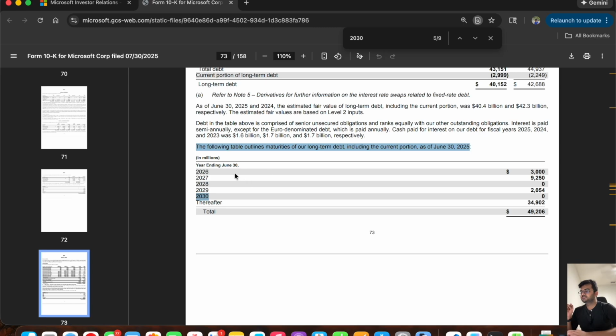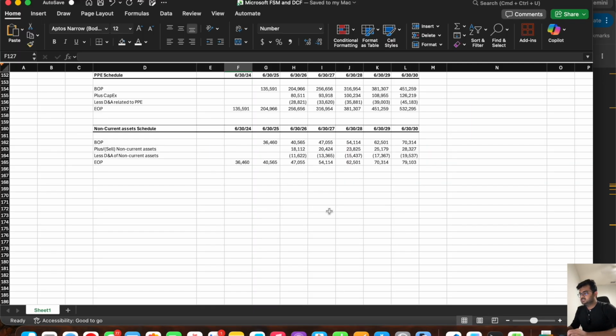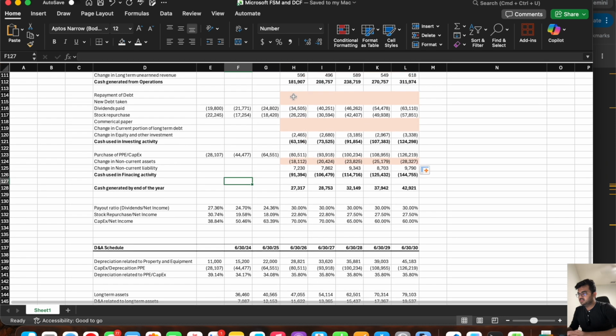June 30, 2025. Here they have given in 2026 they need to repay $3 billion. In 2027 they need to repay $9.2 billion. In 2029 they need to repay another $2 billion, and thereafter they need to pay $34 billion. This is the repayment amount I am looking at, which is going to be updated here.